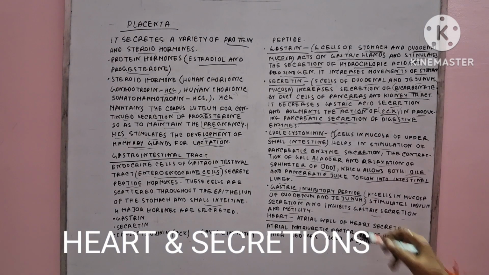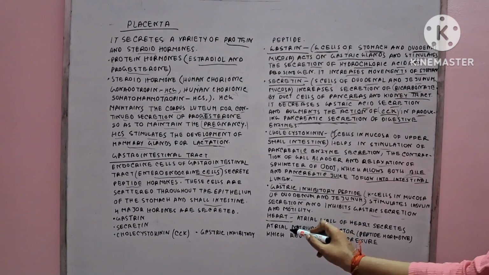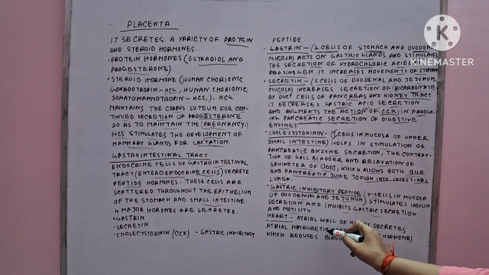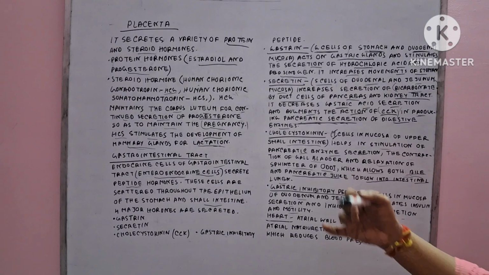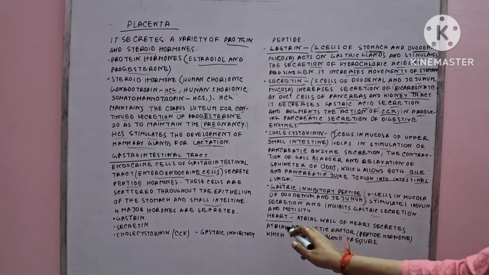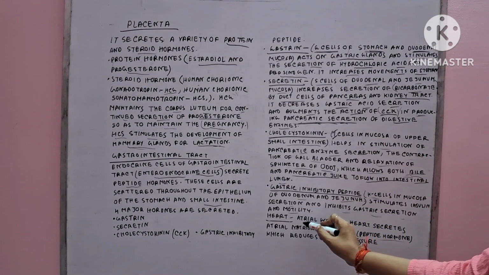Next one is the heart. Heart is another organ from where another important hormone is secreted. And this hormone's name is atrial natriuretic factor, or you can say in the short name ANF. This is one kind of peptide hormone and this is secreted from where?